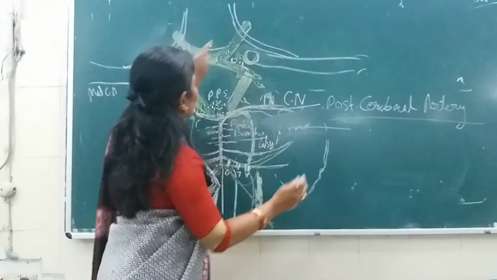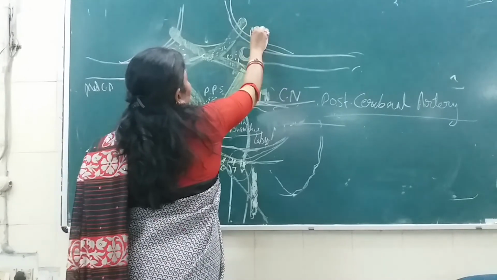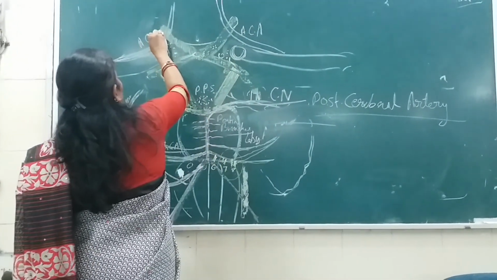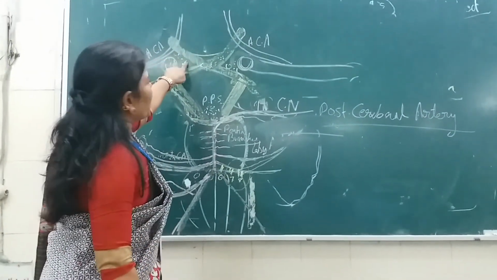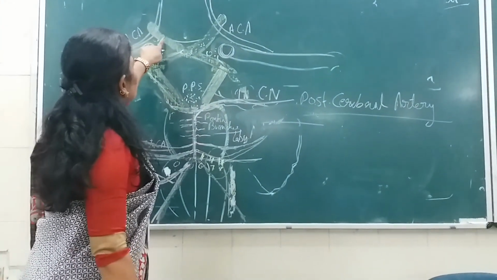So it will move forwards and medially. This is the anterior cerebral artery in pair, and its relation with the optic nerve is that it is ventral to this nerve.